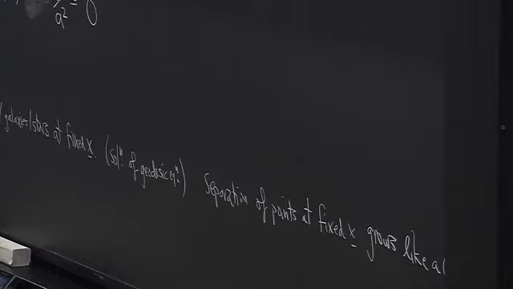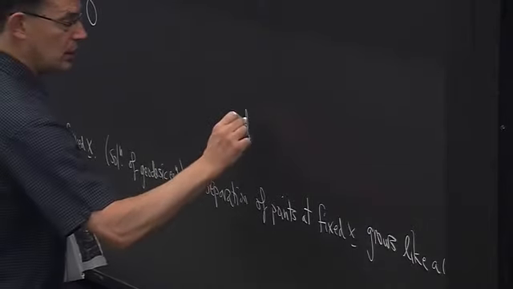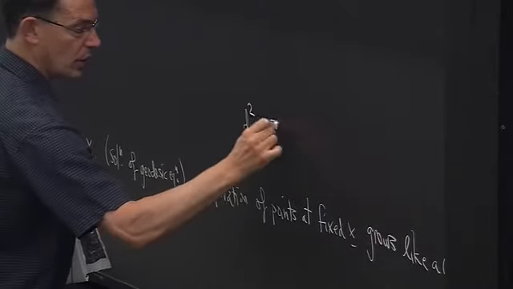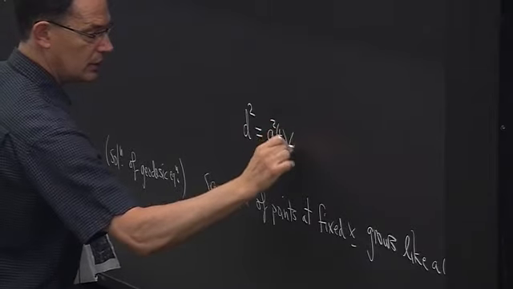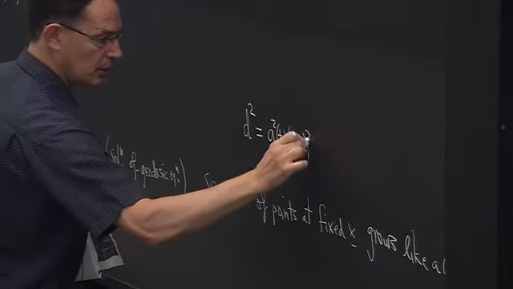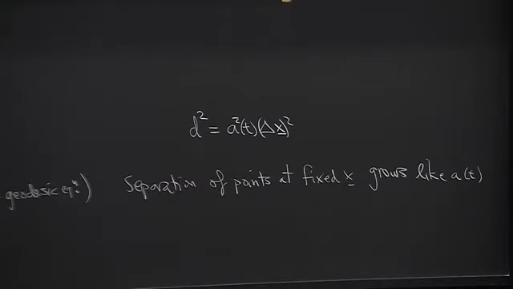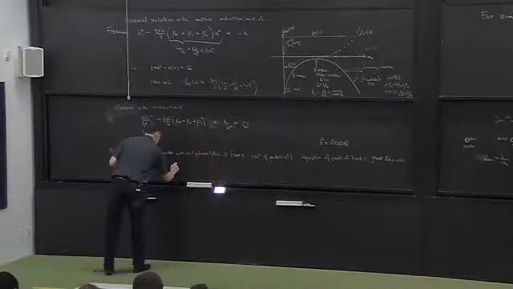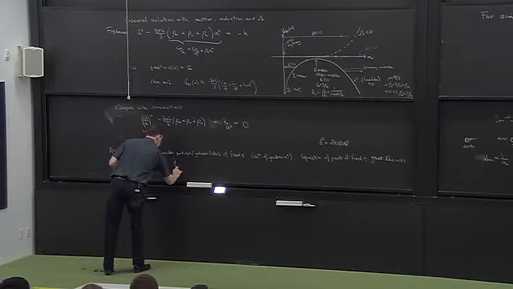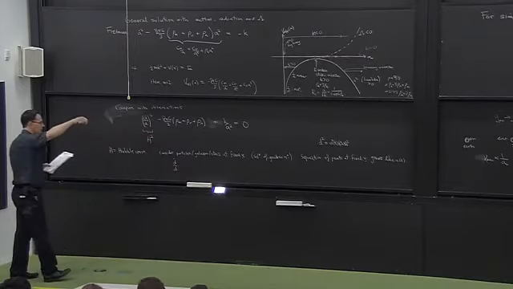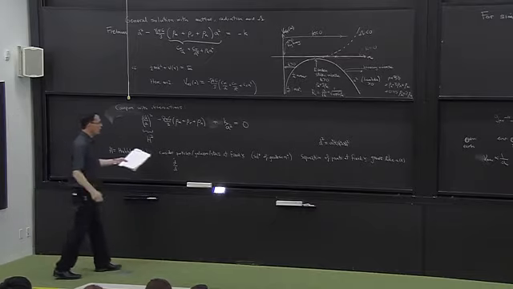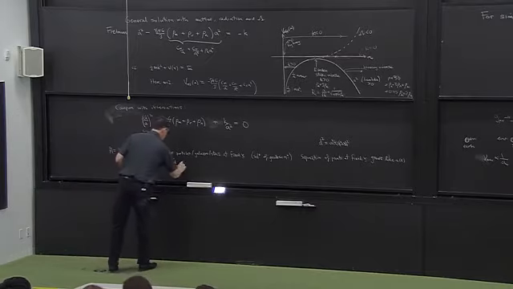Okay, because the distance between points is measured by the metric, so the distance squared is just going to be d squared equals a squared of t, delta x squared. And so d dot over d for any particle, the rate of recession divided by the distance, is equal to a dot over a.